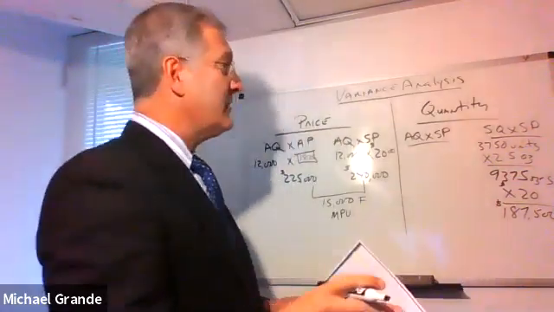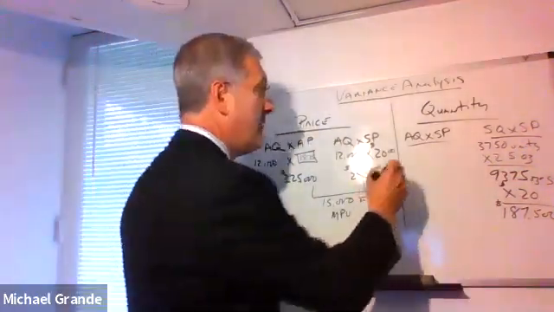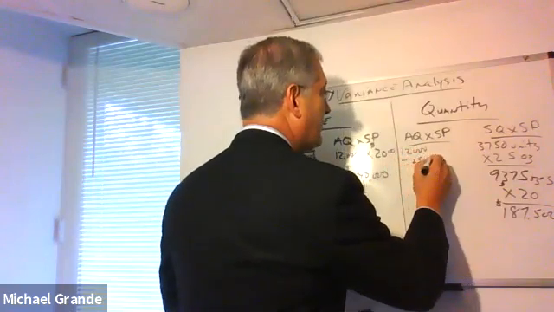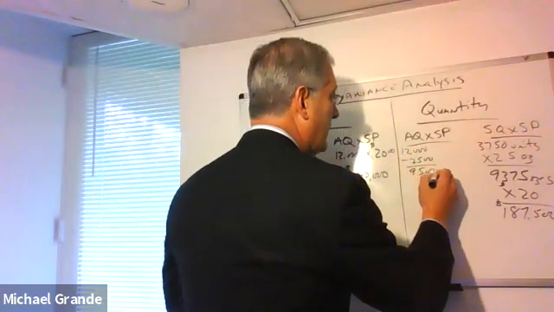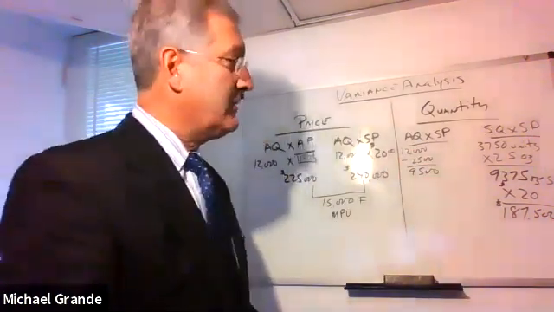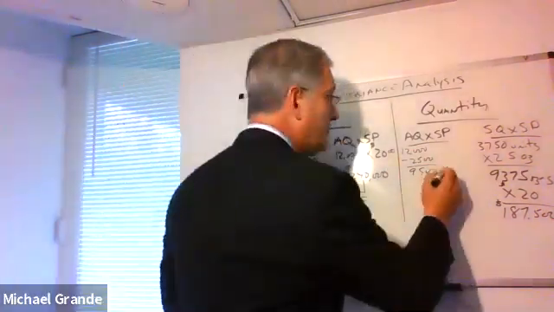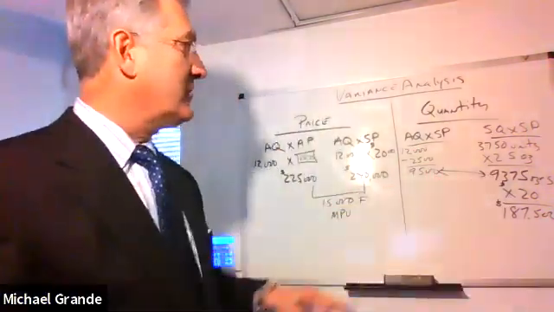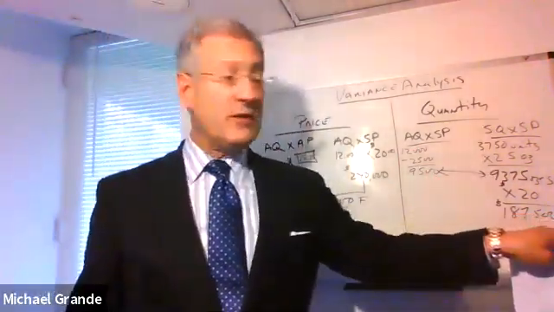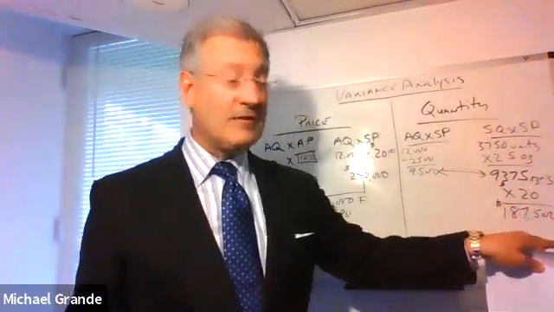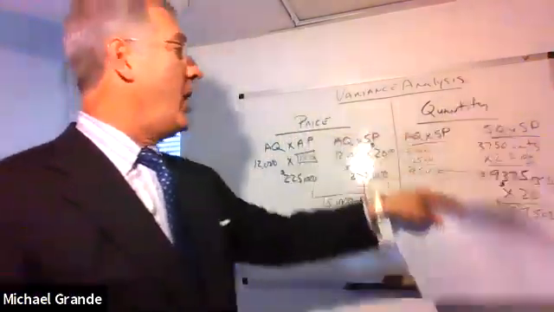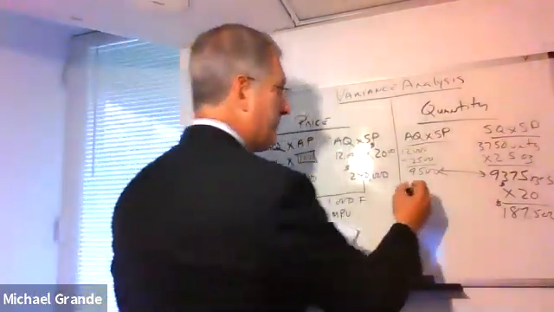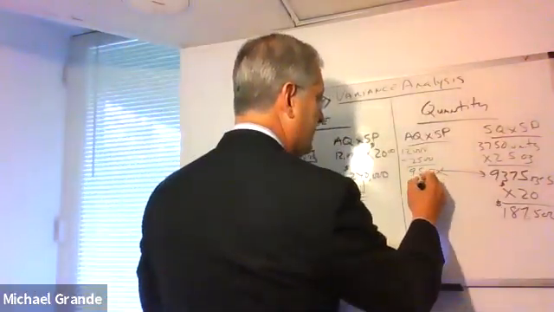How many ounces did they actually use? Well, remember, they purchased 12,000, but the ending inventory was 2,500. So they actually used 9,500 ounces. They should have only used 9,375 ounces. They used 125 ounces more than they should have. Times 20 bucks.